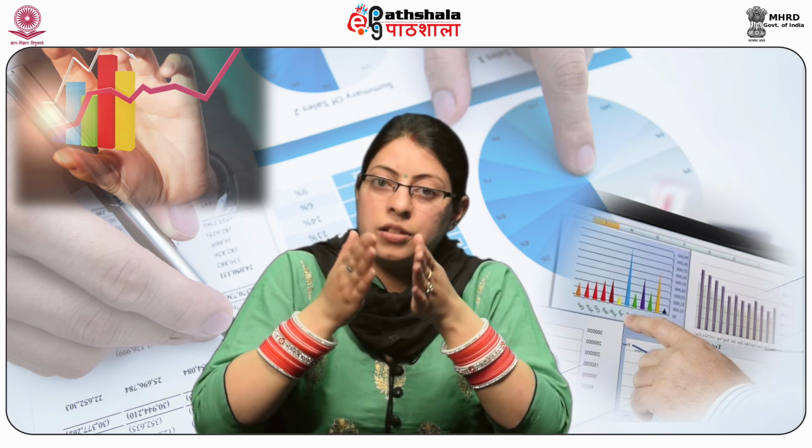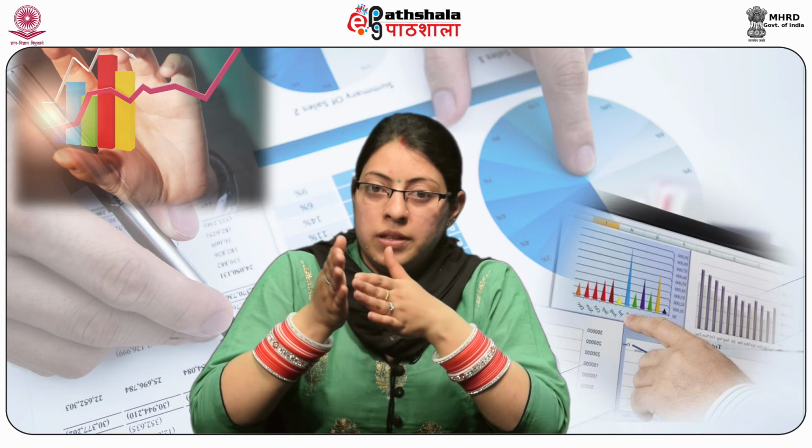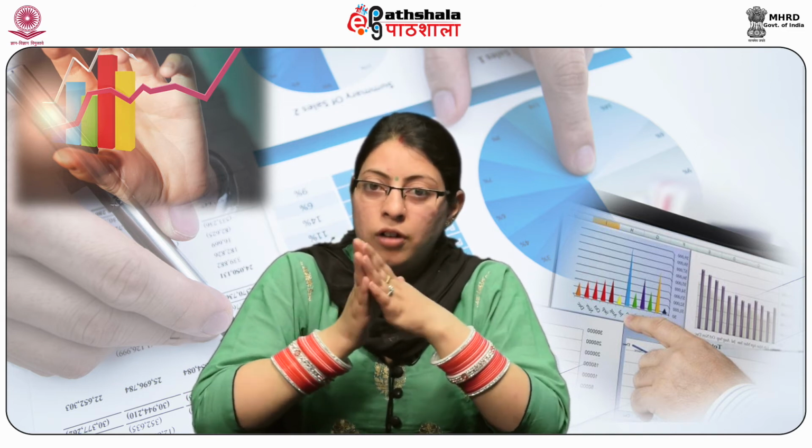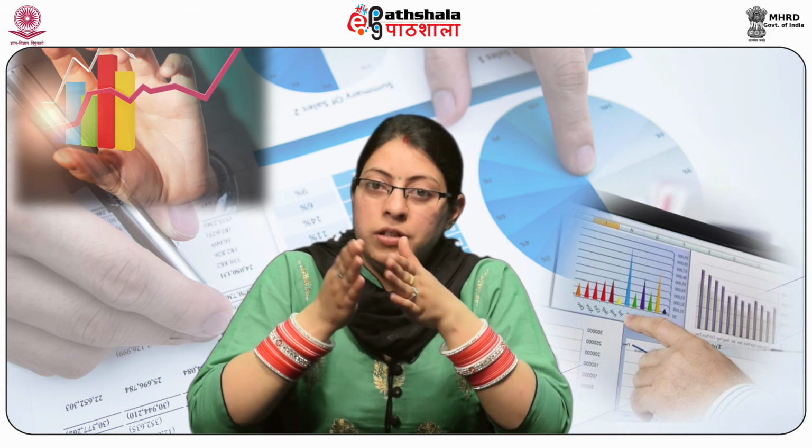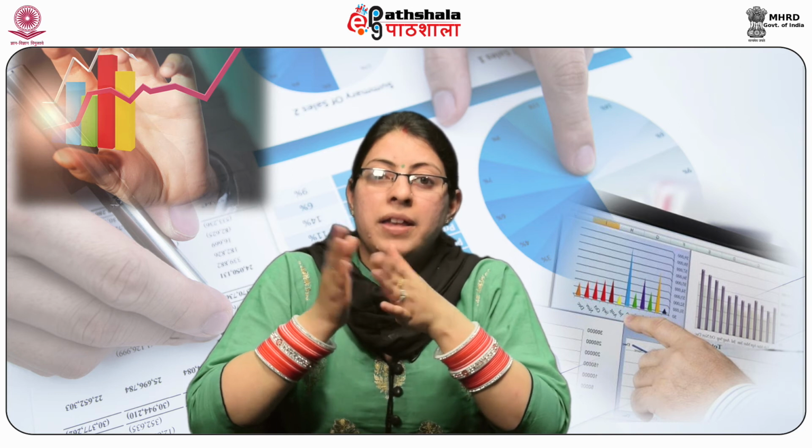Selling and distribution expenses ratio can be calculated by dividing selling and distribution expenses by sales multiplied by 100. Non-operating expenses ratio can be calculated by dividing non-operating expenses by sales multiplied by 100.